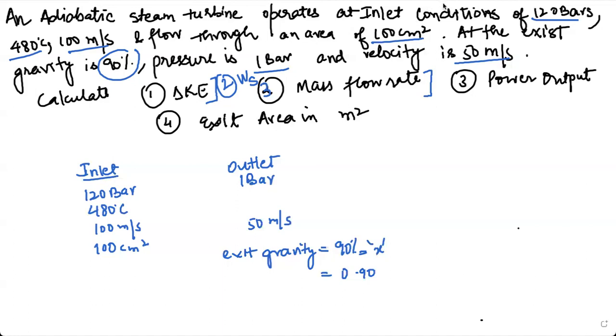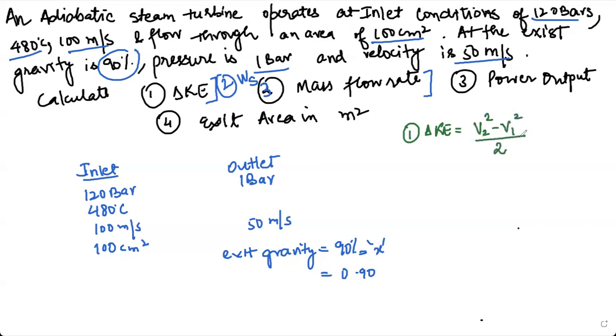We need to calculate the change in kinetic energy. So the change in kinetic energy, delta KE, the first part is here. Delta KE, the change in kinetic energy, we do not consider mass in these. We just take V2 square minus V1 square divided by 2.